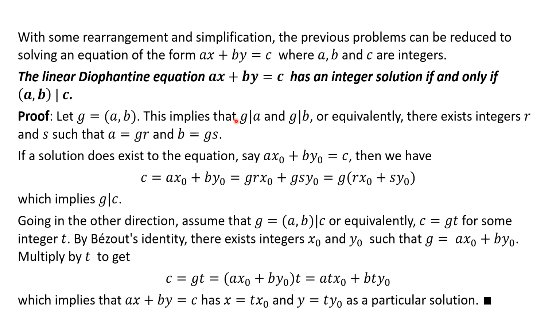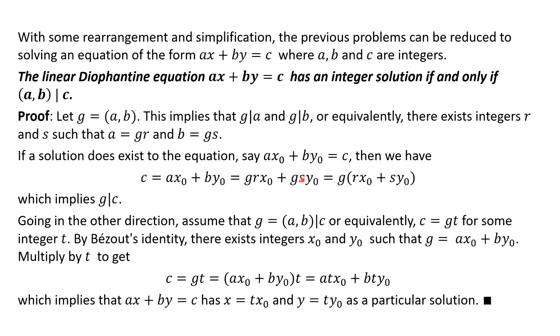Okay, so this is our general assumption. Then if a solution does exist to the problem, so going in the forward direction, say a x sub 0 plus b y sub 0 equals c, then we have c equals our solution here, and then I'm just plugging these in for a and b.